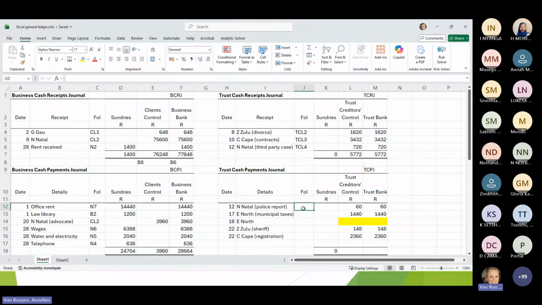Any guesses? It should be TCL4 because that is not Towel's account number.